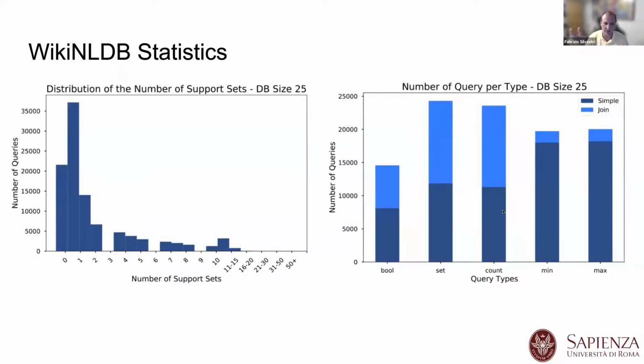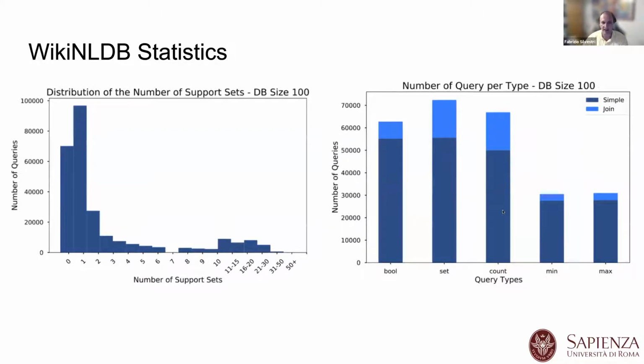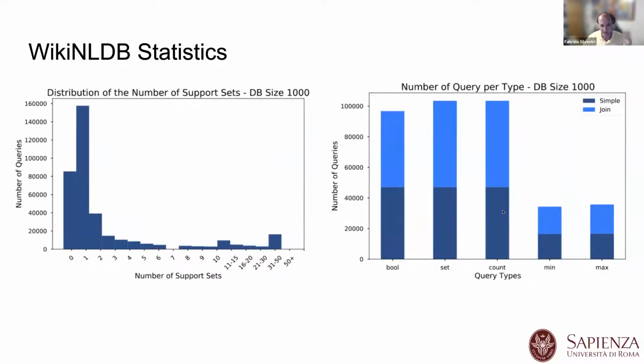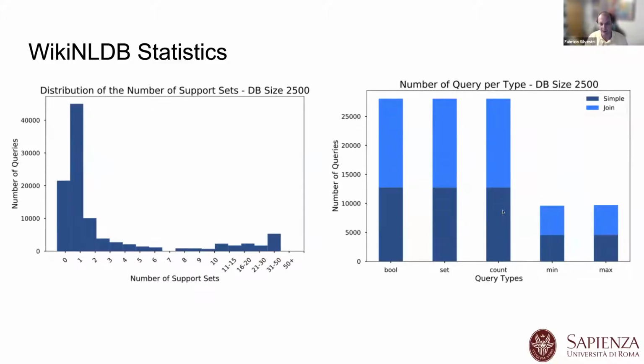And of course, you cannot have support sets larger than 25, because in this case, the DB size is 25. And on the right-hand side, you can see the query types: bool, set, count, min, and max. And for each query type, the fraction of queries for which you require a join or for which you don't. And so we generated different sizes: 100, 250, 1,000, and 2,500.